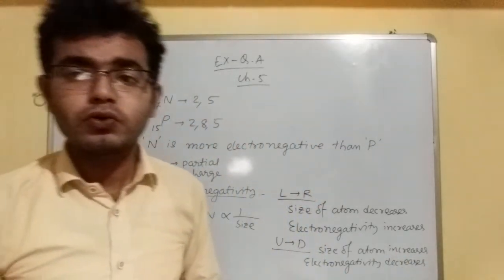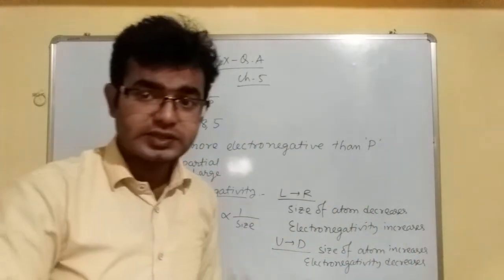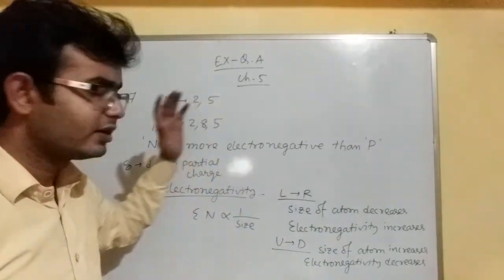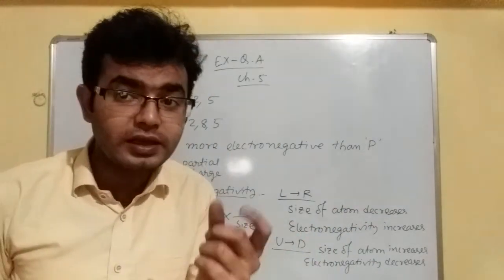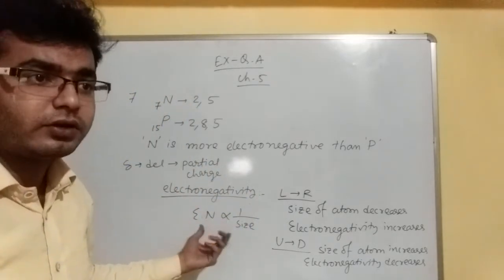Remember, the most electronegative elements are present at the right side. So you can say that electronegative elements are present at the right side in the periodic table, and the elements having less electronegativity, or you can say more electropositivity, are present in group 1. Okay, at the left side.